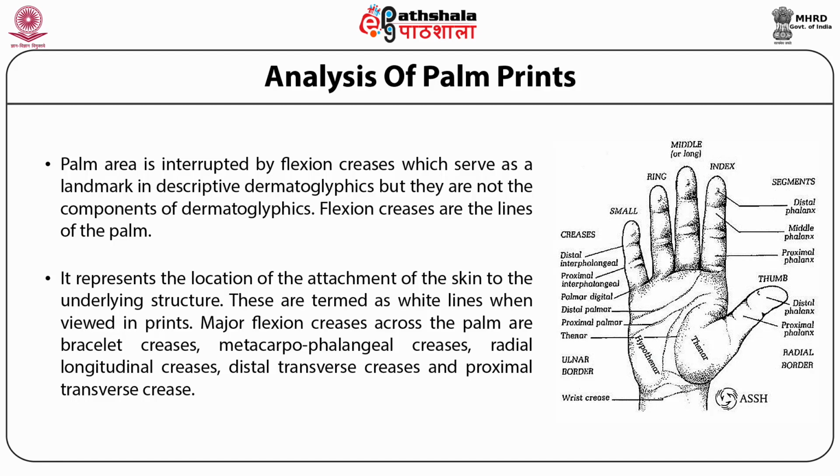Major flexion creases across the palm are bracelet creases, metacarpophalangeal creases, radial longitudinal creases, distal transverse creases, and proximal transverse creases. These two figures are showing you the flexion creases and their configuration areas.